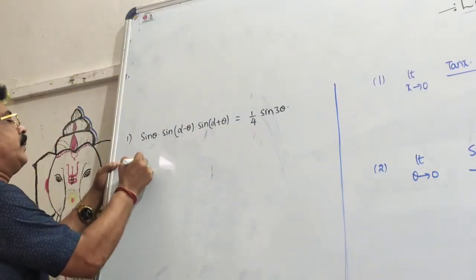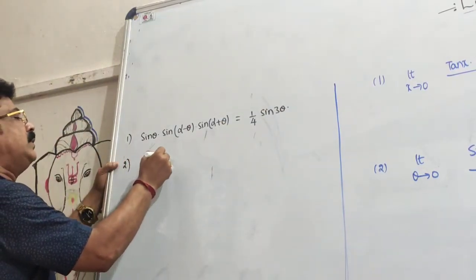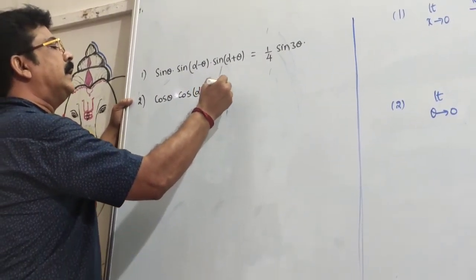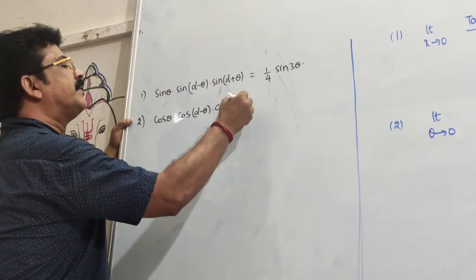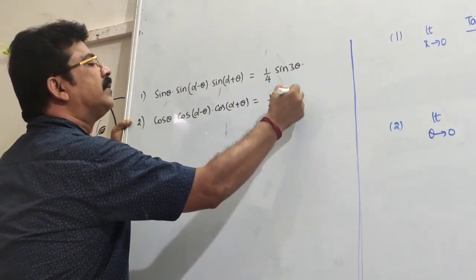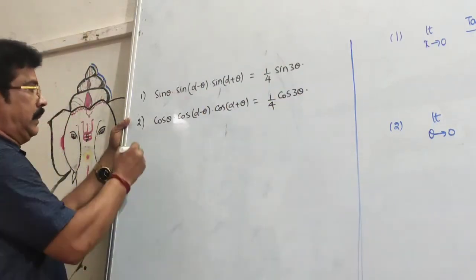Number 2, cos theta into cos of (alpha minus theta) into cos of (alpha plus theta) is equal to 1/4 of cos 3 theta.